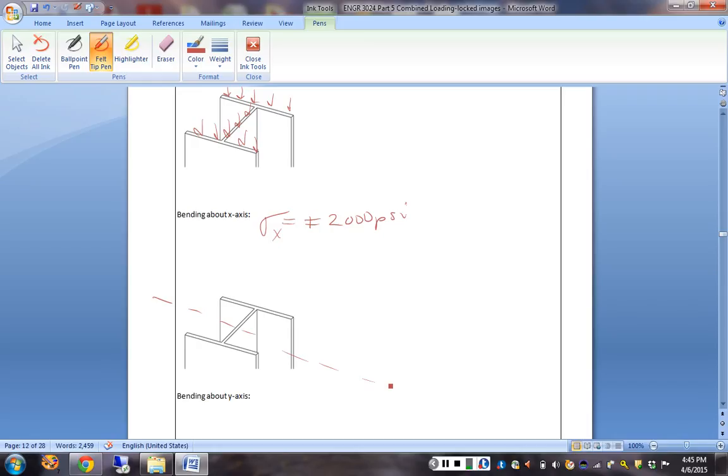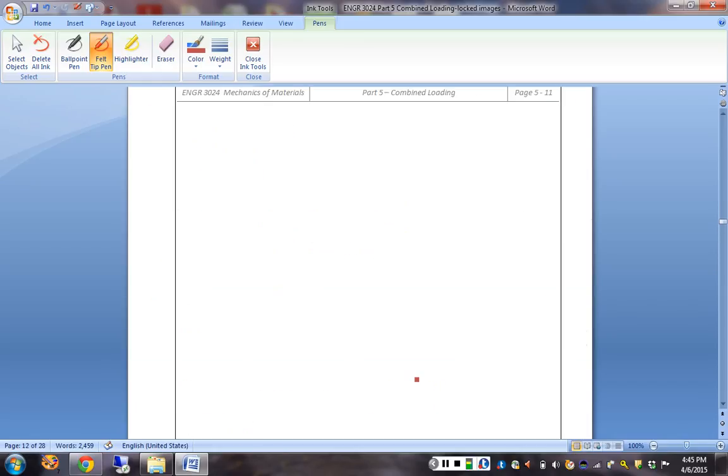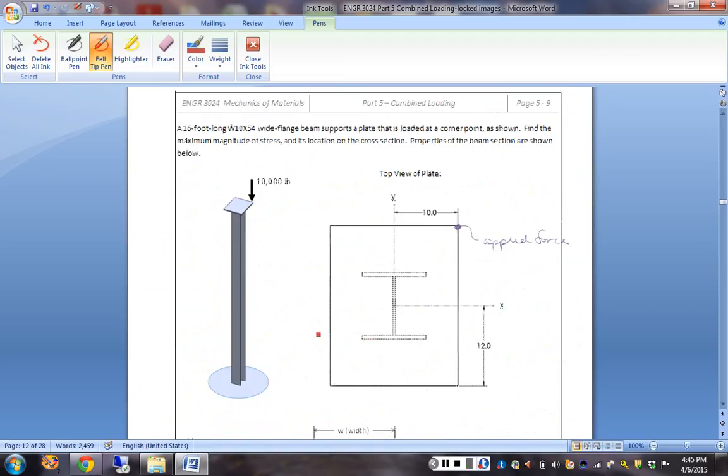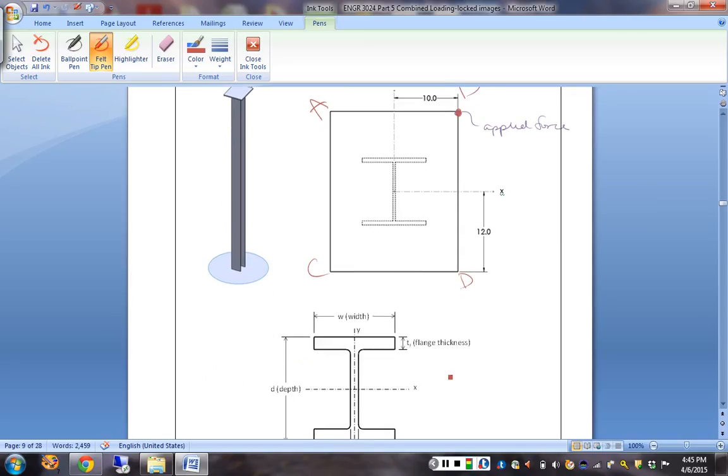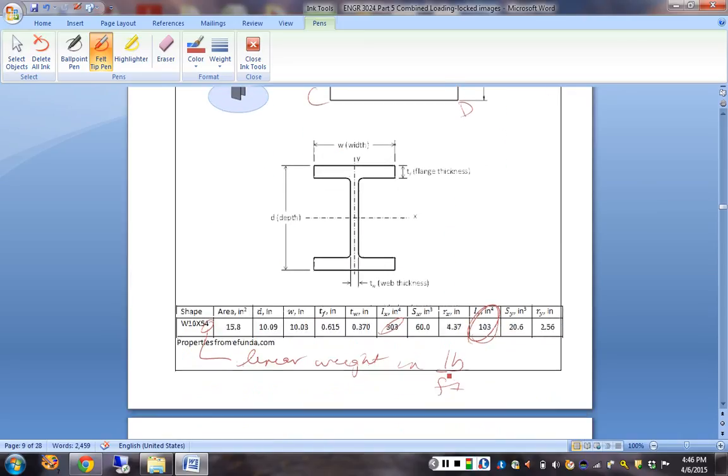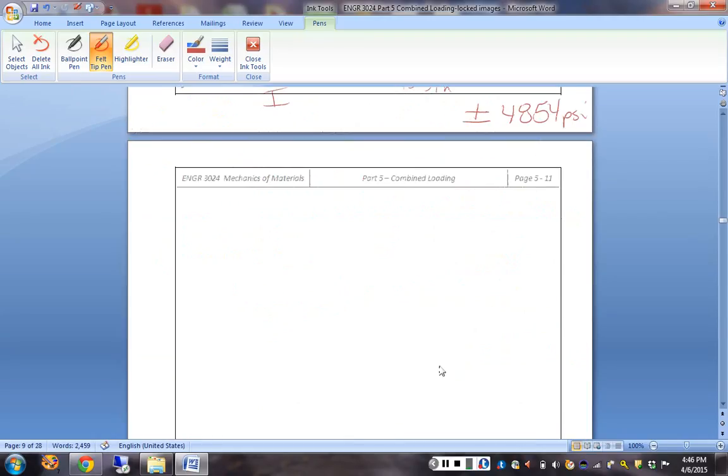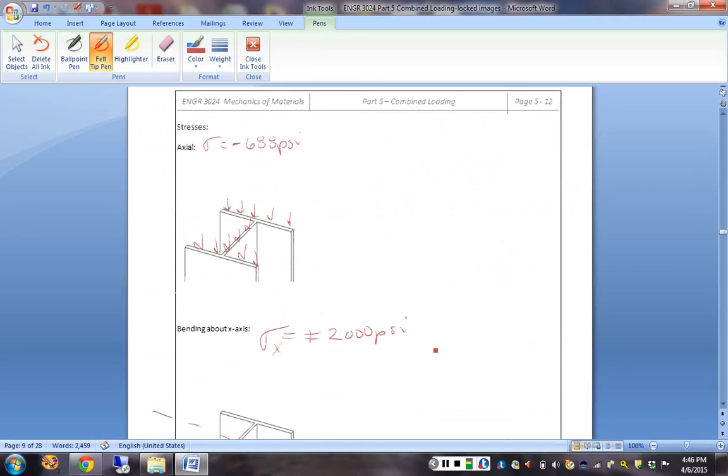Okay. Or let's go back and let's orient ourselves. If we come back up here, where is my loading? It's on plus x and plus y. Okay, and if we label these, we have A, B, C, and D. And if we come down and label our little cross sections, let's label those with A, B, C, and D as well.